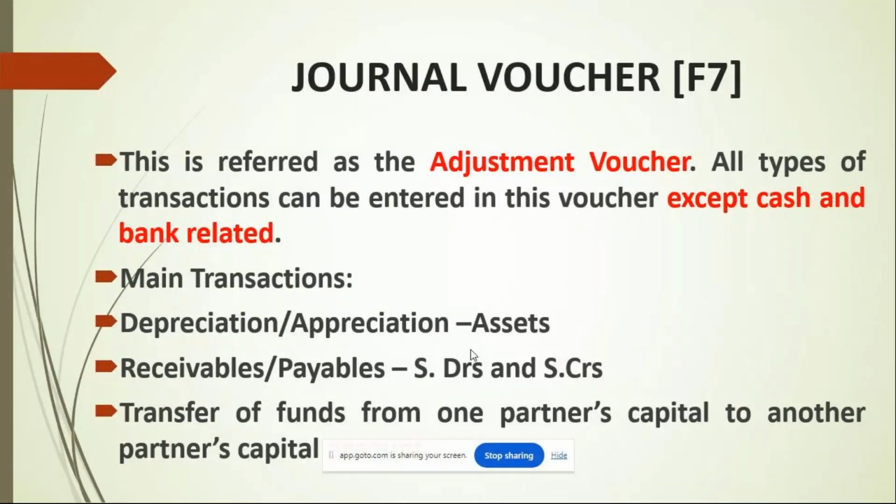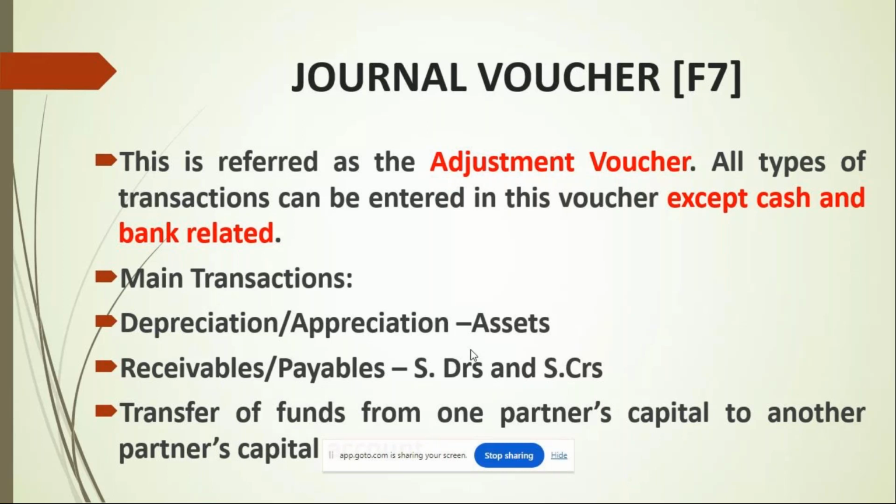As I've told you, F4 is for contra vouchers, which comprise cash and bank. The payment voucher records payments in relation to your business expenses. Next, the receipt voucher records receipts of business sources of income. Fourth, the journal voucher records all kinds of entries other than cash, and this is referred to as the adjustment voucher.